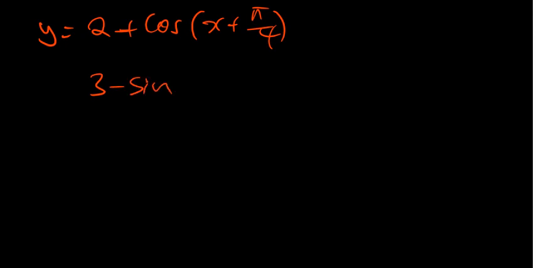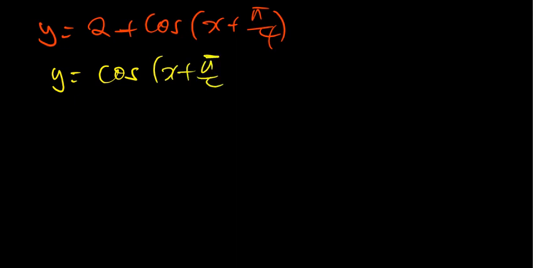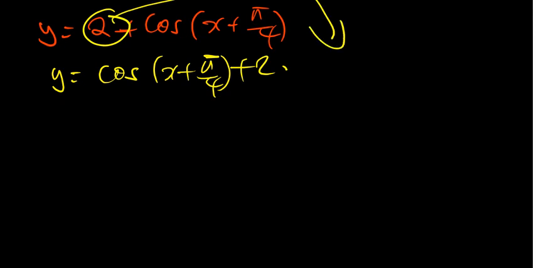So have you seen what I've written on the board? Isn't it the same question you are asking about? It's the same one. This equation is the same as cos x plus pi over 4 plus 2. You just shift this, you put it there. You get it?